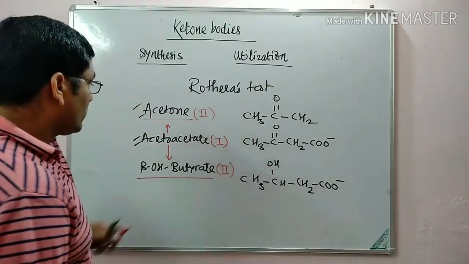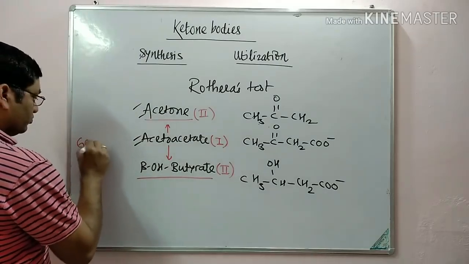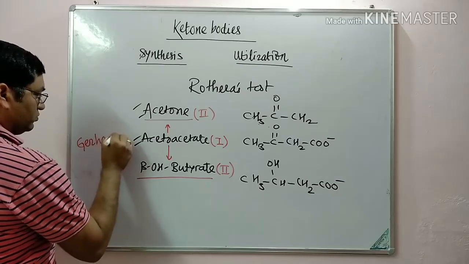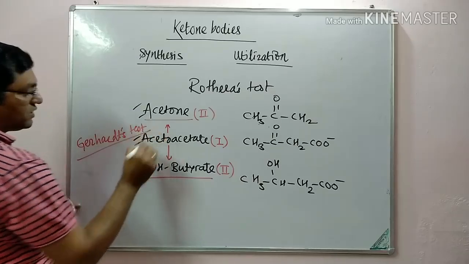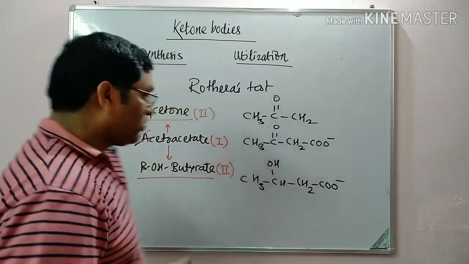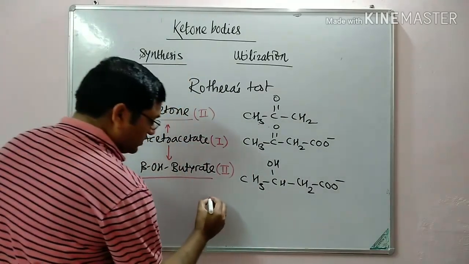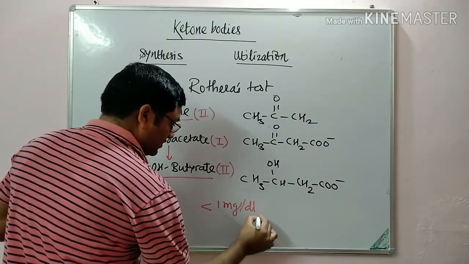One special test for acetoacetate is Gerhardt's ferric chloride test. The normal concentration of ketone bodies in blood is less than 1 milligram per deciliter.